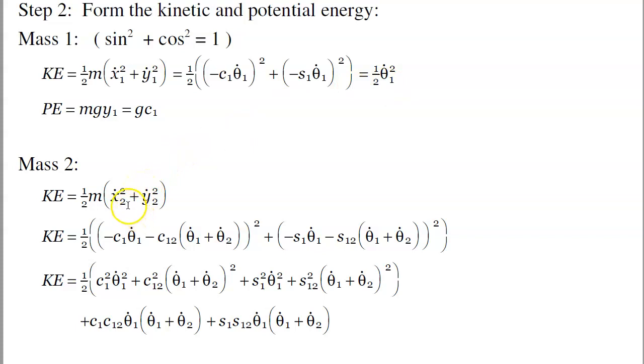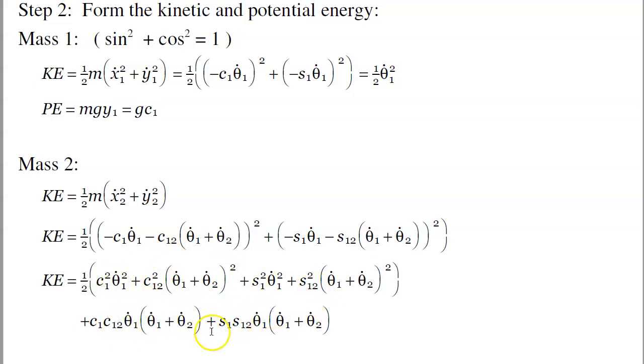It's 1/2 mv squared. The velocity of mass 2 is cosine theta 1 dot plus cosine of theta 1 plus theta 2 times theta 2 dot, and so on, and the velocity of y2 squared. Multiply it out, and you'll get cosine squared plus sine squared is 1. Here's another cosine squared plus sine squared is 1.